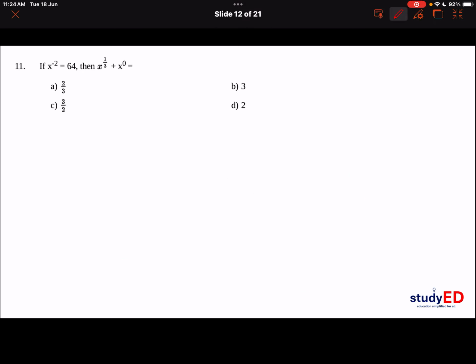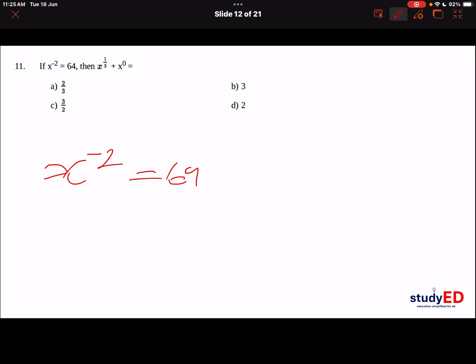If x to the power minus 2 is 64, x to the power 1 by 3 plus x to the power 0 is equal to what? Exponential simplification, also very simple. So let's take the first one. x to the power minus 2 is equal to 64.